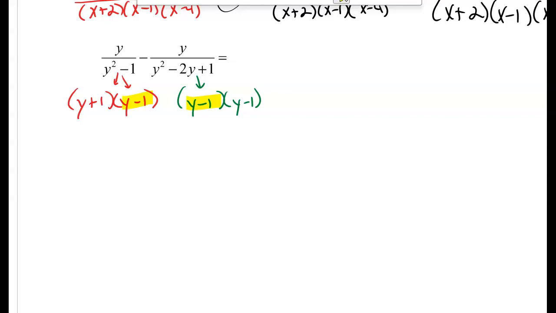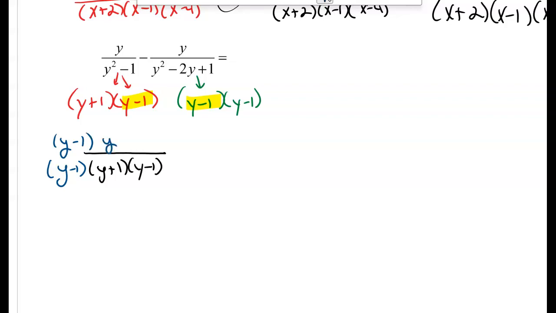Y minus 1. So let's talk about what we're going to have to multiply to get our common denominator. So I know I'm going to have a y plus 1 here, a y minus 1. But what would I have to multiply by? Yep, the first one I have to do by another y minus 1. So I get here a y minus 1 times what? Common denominator.